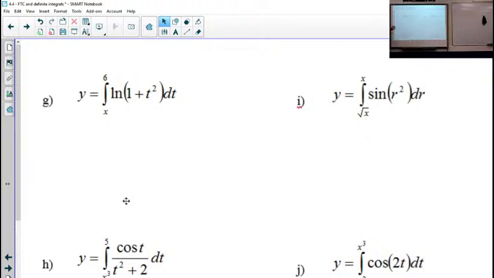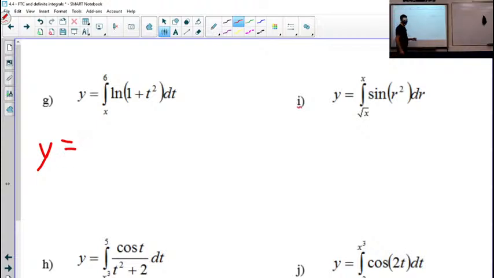All right. There's a problem with this one. What's different about this one? Going from x to a number instead of a number to x. But we can fix that.